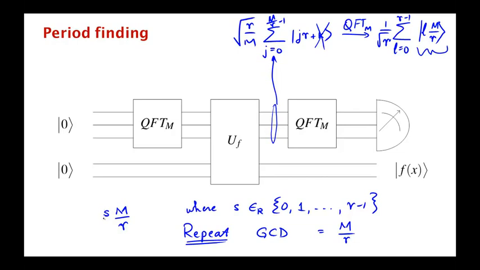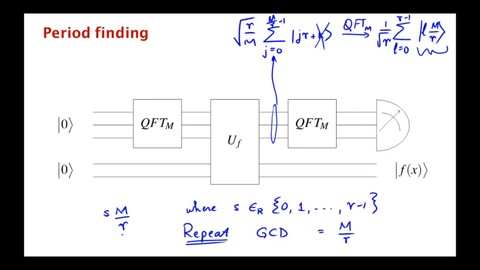Well, the chance that the first of these s's is even is a half. The chance that the second time it's even is a half, and so on. So if you repeat a few times, the chance that 2 is a factor of the GCD is going to be very, very small. And now you can repeat it with every possible factor, and the chance of having that common factor falls off exponentially in the number of repetitions.